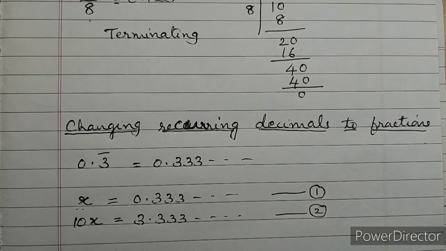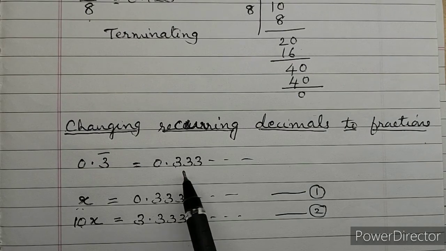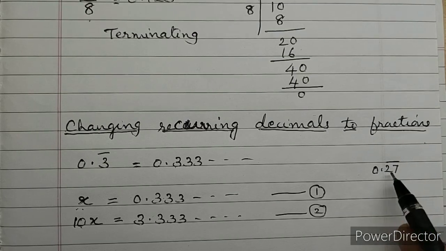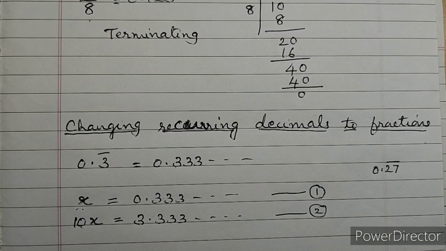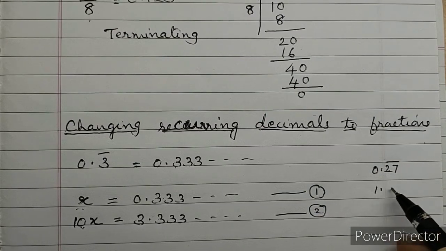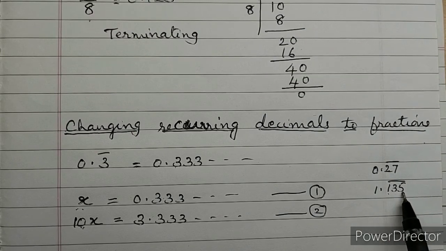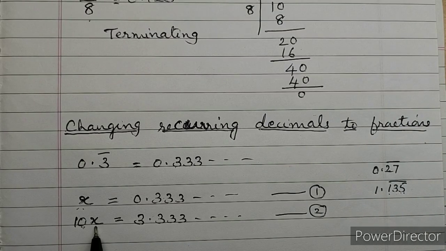This is second equation. So here very important point is, if one number is repeating, you have to multiply with 10. If two numbers are repeating, for example 0.27 bar, 27 it is repeating, 27, 27, 27, like that if it is repeating, you have to multiply the next step by 100. If the number is 1.135 bar, for 135 together, that means 135 is repeating, or 1.135, 135, 135 etc., then you have to multiply here with 1000.